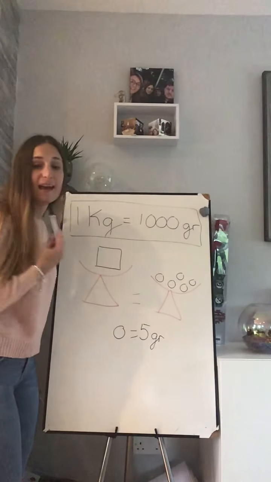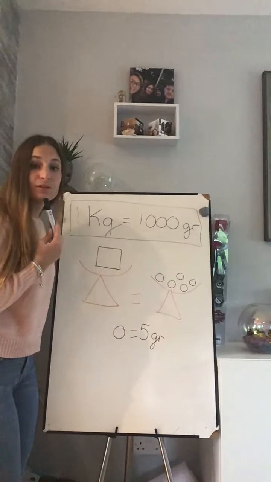How many chocolates do I have? 5, and 1 is 5. So I have repeated 5 grams, 5 and 5 and another 5 and another 5 and another 5. So what have I learned to use to work out repeated addition? Multiplication. So I have 5 chocolate balls, 1, 2, 3, 4, 5, that each one of them weighs 5 grams.